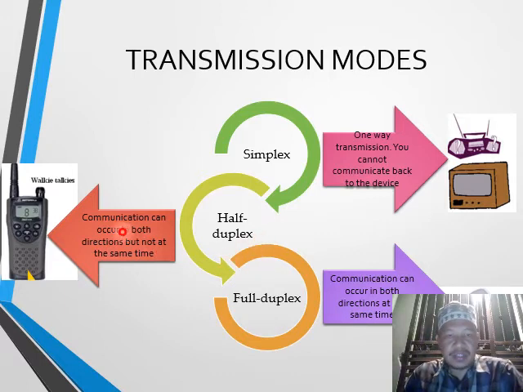The second is half duplex. Half duplex is communication that can occur in both directions, but not at the same time. The most common example for this kind of transmission mode, half duplex, is walkie-talkie.